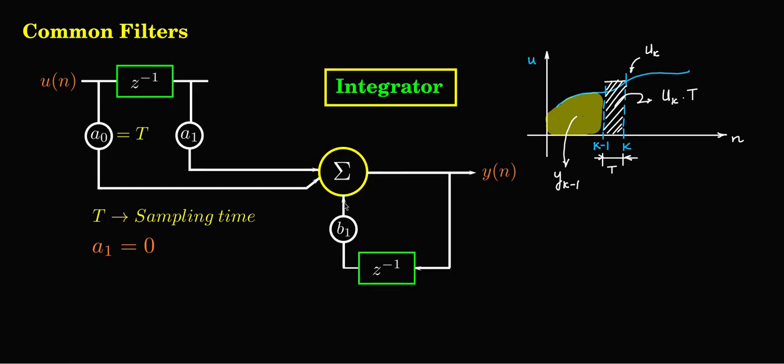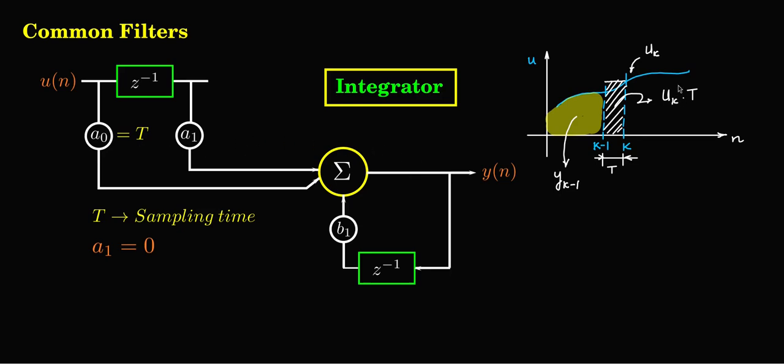So that plus this will give you the new value of the area under the curve. That will be the new value at k. Then at k plus 1, again k plus 1 to k, that area of the rectangle should come in, add, and then so on. It keeps moving, accumulation. So this is the integrator action.